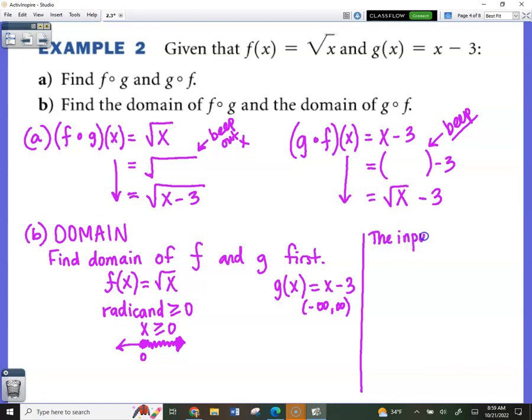The input of the composition is included in the domain. Write it and then I'll explain what you just wrote.